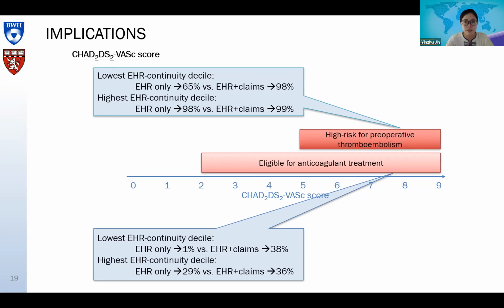In our study patients, among the lowest decile of EHR continuity, we captured only 1% using EHR only, and 38% using EHR plus claims data, who were eligible for anticoagulant treatment. But when we restrict patients to the highest EHR continuity decile, the proportion was 29% in EHR only versus 36% in EHR plus claims data.